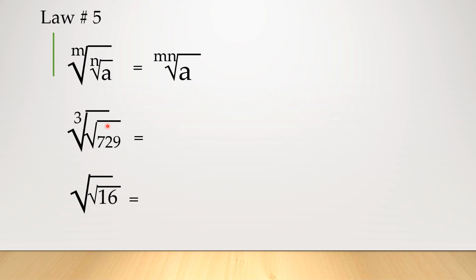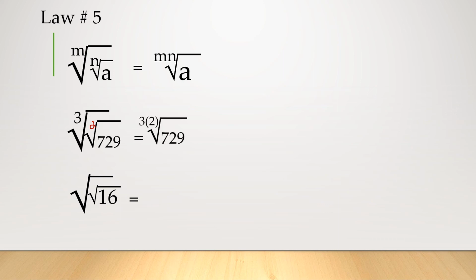Let's have an example. So I have here the cube root of the square root of 729. Again, the cube root of the square root of 729. So which means that the index here is 2. So I can multiply them.